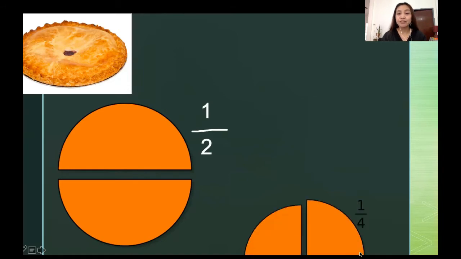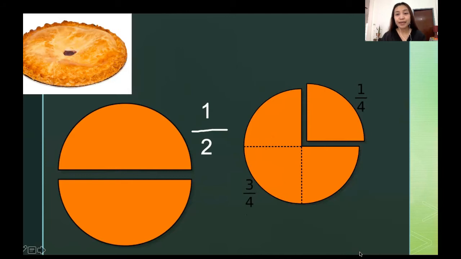But if I'm going to divide it into 4 and I will eat one part of it, then I have eaten 1/4 of the pie. And what's left is 3/4 because there are 1, 2, 3 left parts. Okay? Understand? Okay, good.